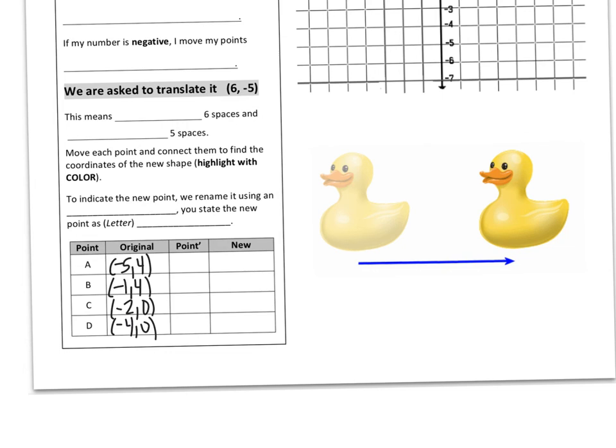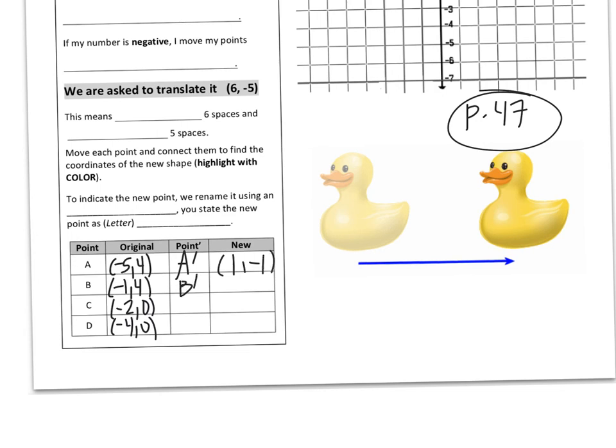Oops, guys, really quick. Look back at page 47. I noticed I made a mistake with labeling the points down here in this table. So let's correct that. So A prime, negative 5 plus 6 gives you 1. 4 minus 5 is negative 1.